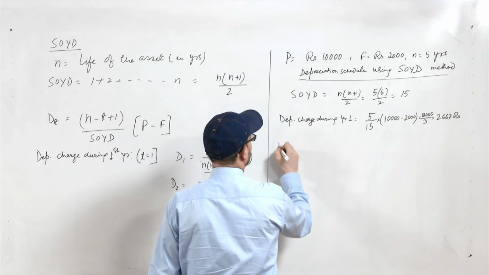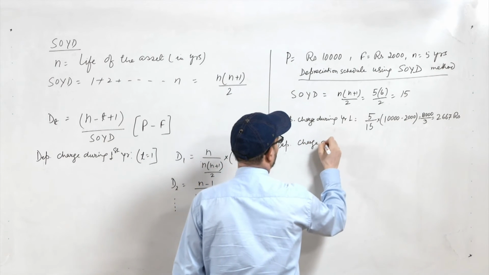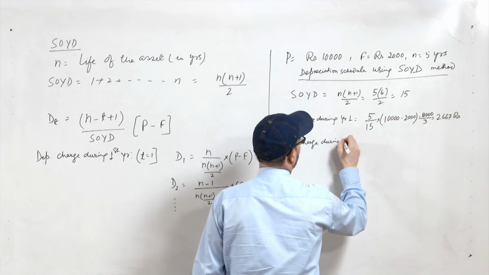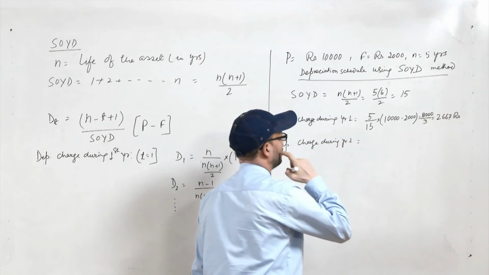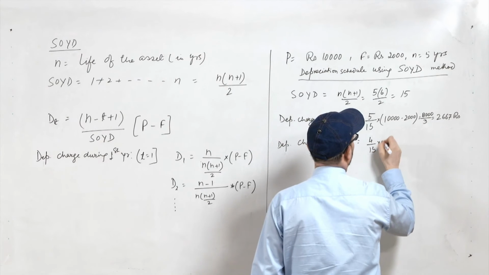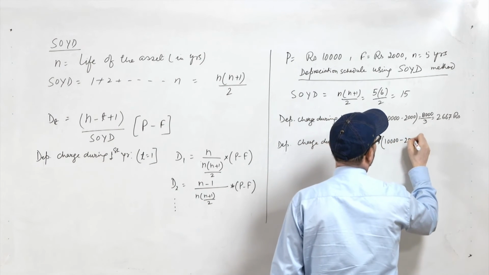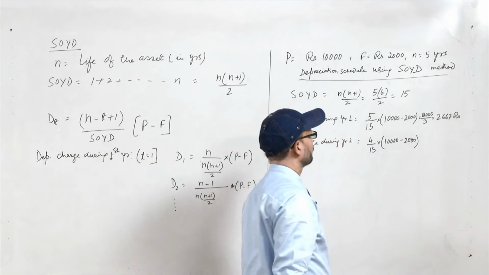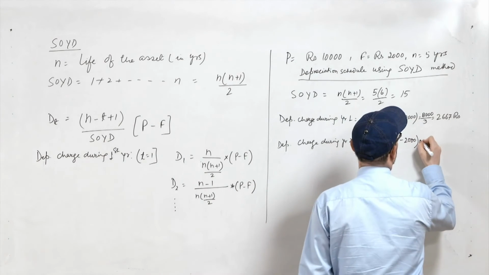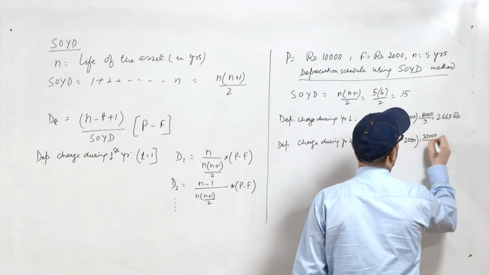The depreciation charge during year 2 will be 4 upon 15 into (10,000 minus 2,000), so it will be 32,000 upon 15.